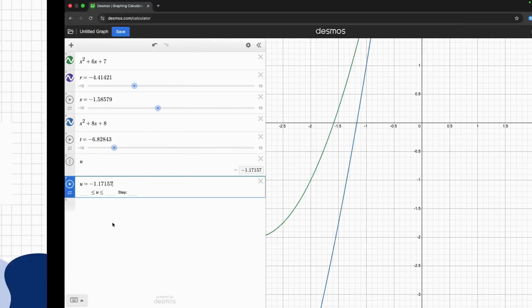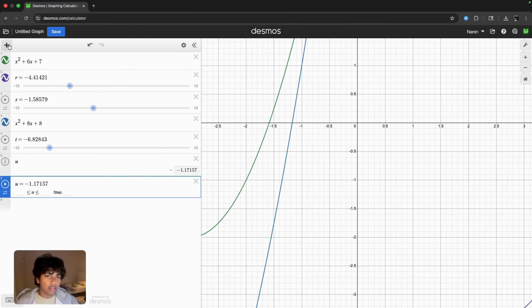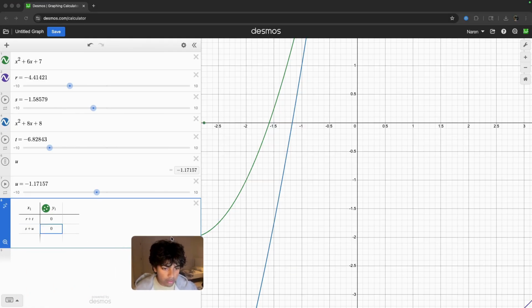We're looking for the value of c when the solutions are r plus t and s plus u. So what is the solution? It's when y equals 0, right? So we know that r plus t is a solution, and s plus u is a solution. So what is c?